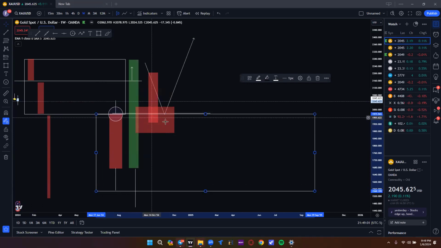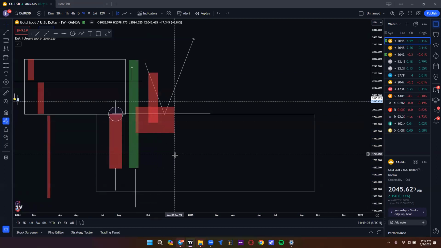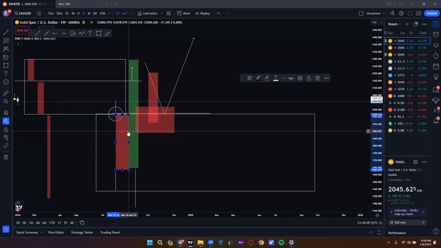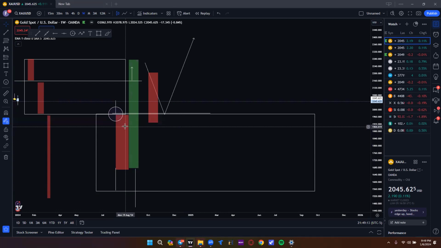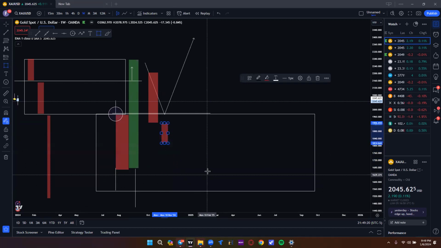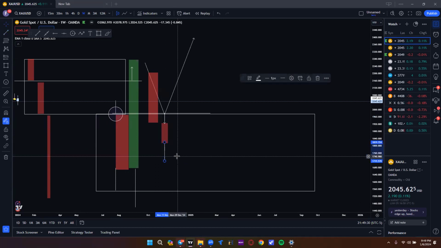I can reduce my loss by a lot because now I have this earlier sign of continuation to the downside, that there is a possibility that because price came below this level, this guy can go like this. It doesn't mean that it's going to completely reverse, but it means that it's going to give us lower pricing.